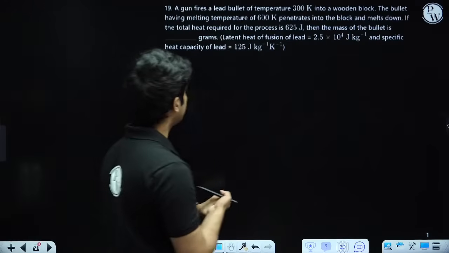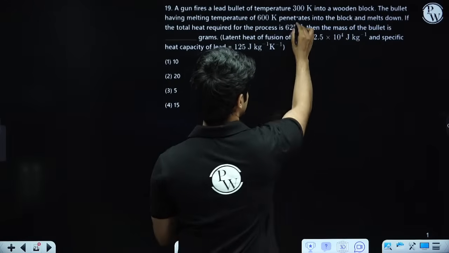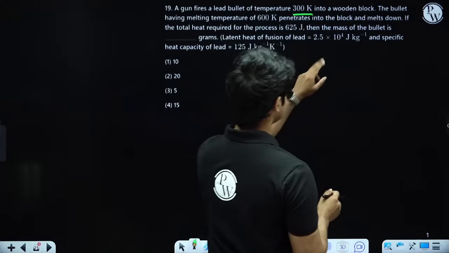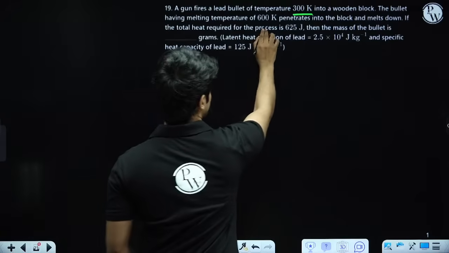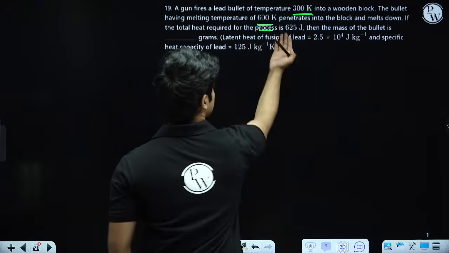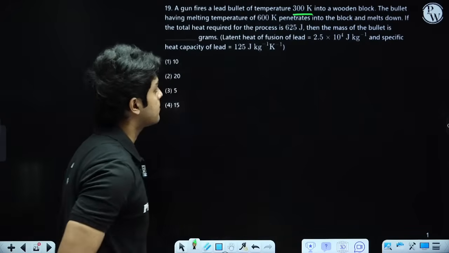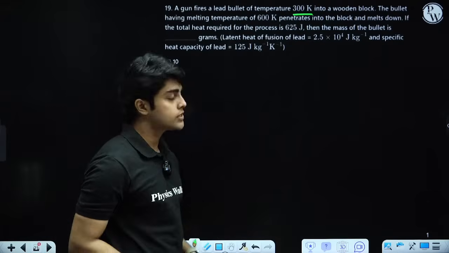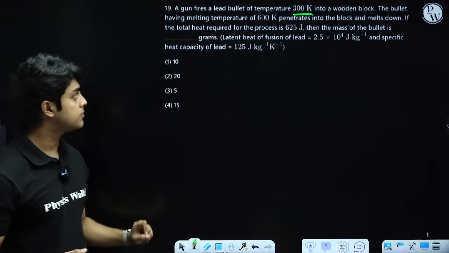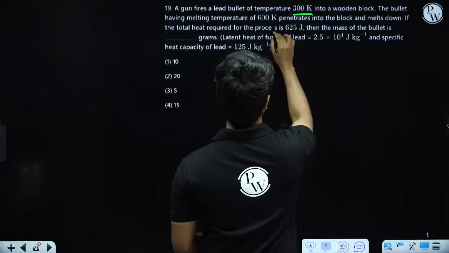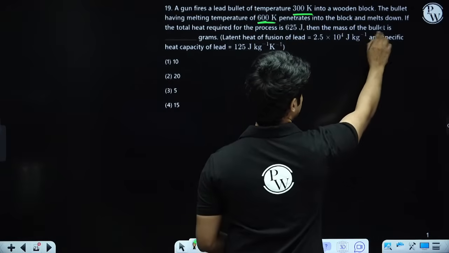A gun fires a lead bullet of temperature 300 Kelvin, this is the initial temperature, into a wooden block. The bullet, having melting temperature of 600 Kelvin, penetrates into the block and melts. So its melting temperature is 600 Kelvin, which means the bullet heated up, reached 600 Kelvin and then it melted.